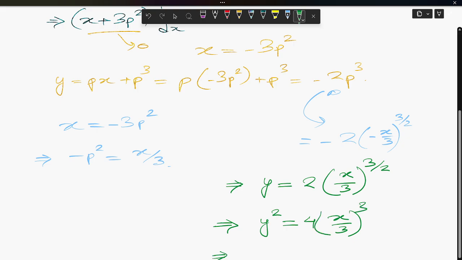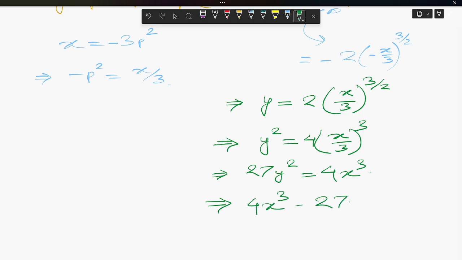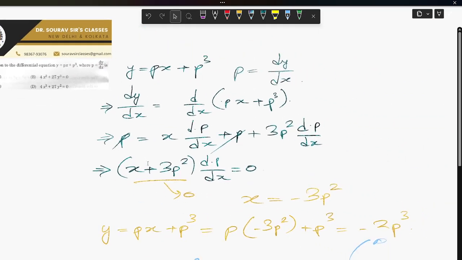So that will be now 27y square equals 4x cube. Oh sorry, we will have some minus here. Let's check upon the options: 4x cube plus 27y square.